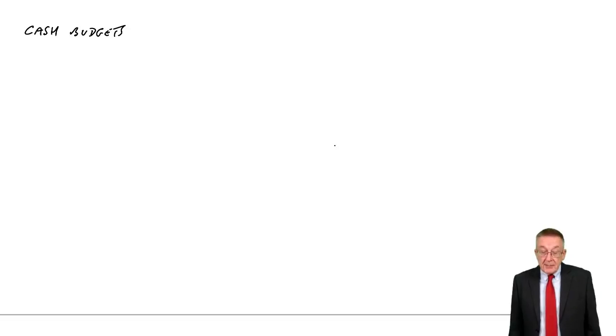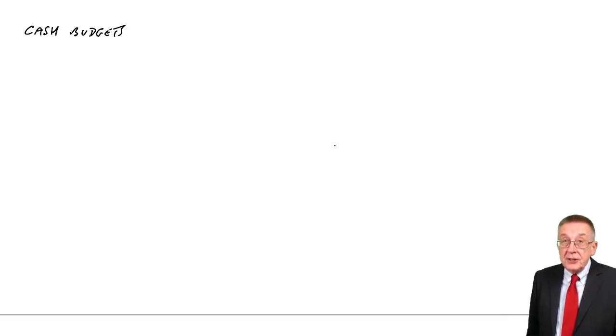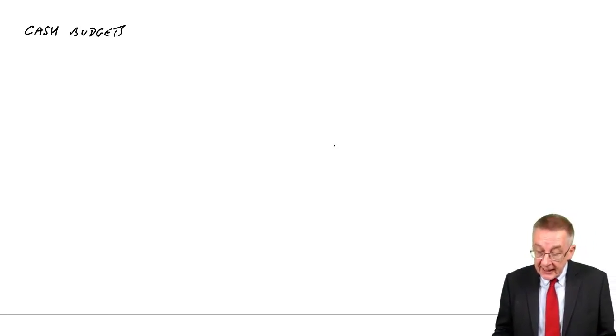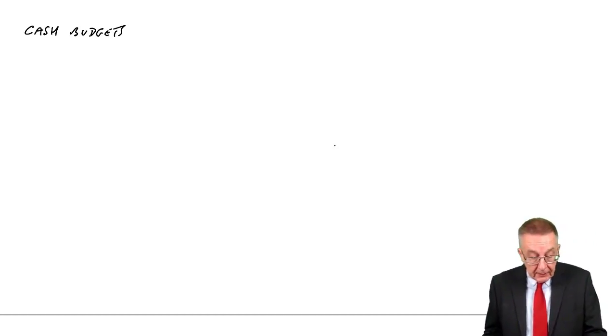And we're asked to prepare a cash flow forecast, a cash budget for the 6-month period, January to June. And then we'll comment on what results we get. So let's set it up.